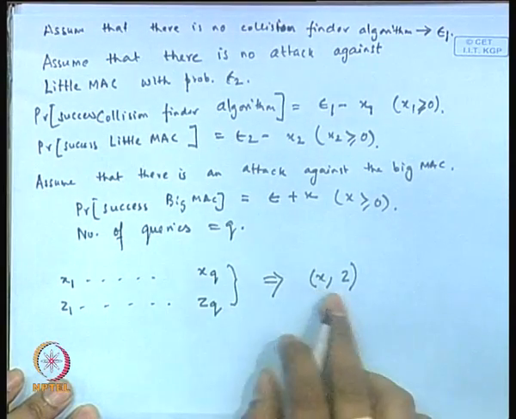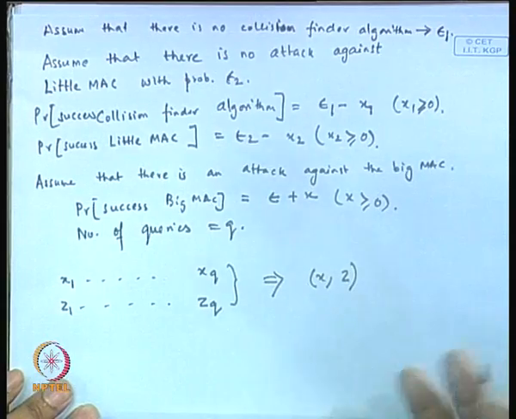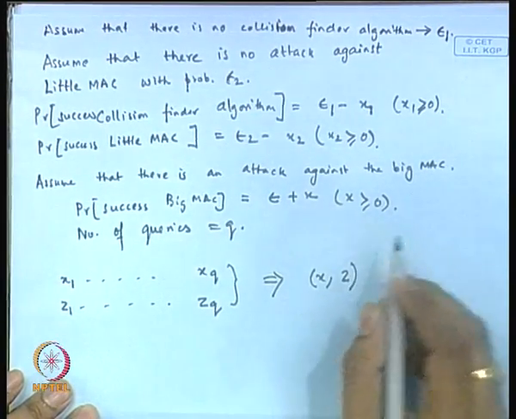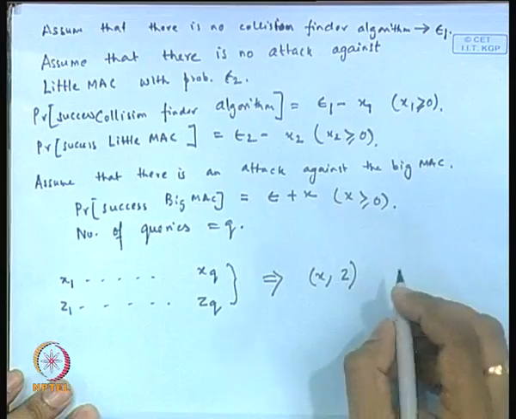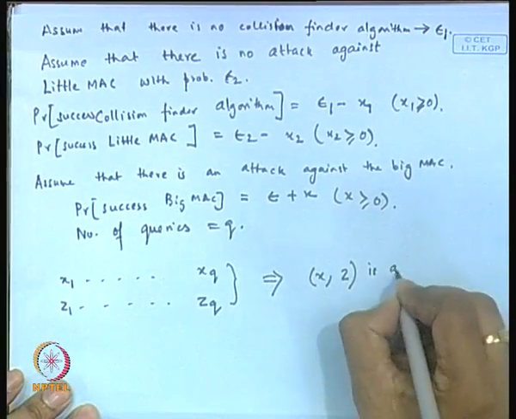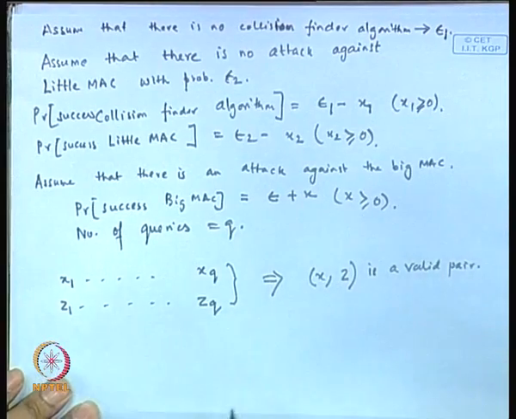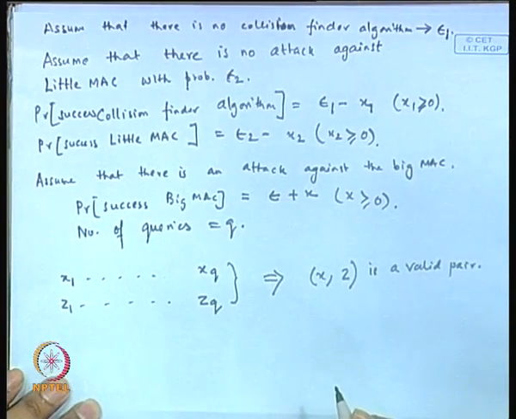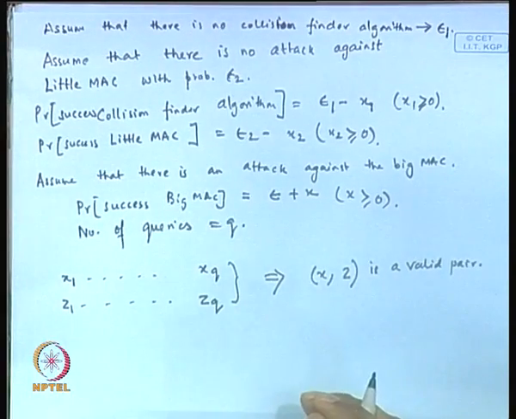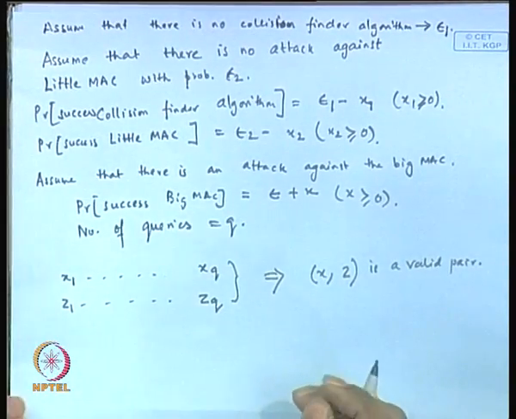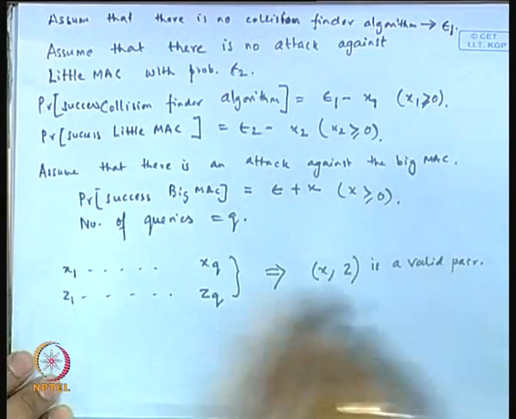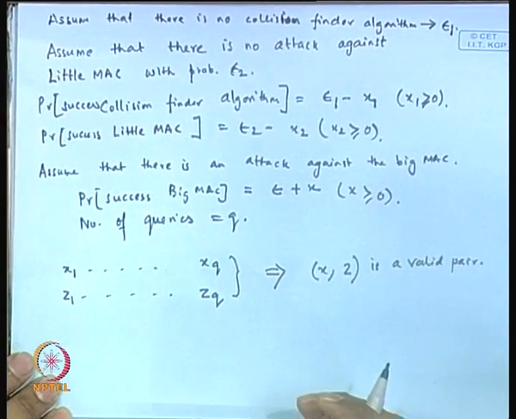Therefore x comma z is a valid pair, so it is an attack under my definition of security. All these MACs have been using a single key, right? Yes, that is under the assumption, so assume that all the keys are the same. You take x1 to xq and obtain z1 to zq.